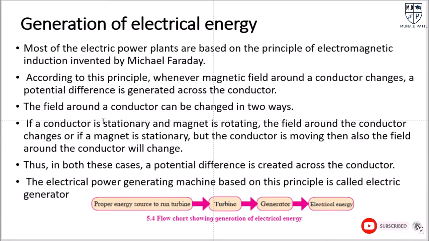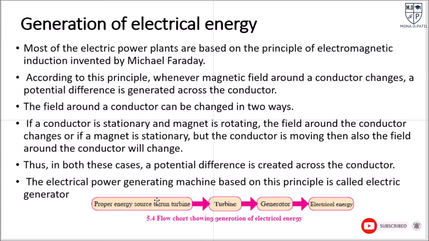The field around the conductor can be changed in two ways. The first, if the conductor is stationary and the magnet is rotating, the field around the conductor changes. Or if the magnet is stationary but the conductor is moving, then also the field around the conductor will change. Thus, in both cases, the potential difference is created across the conductor.